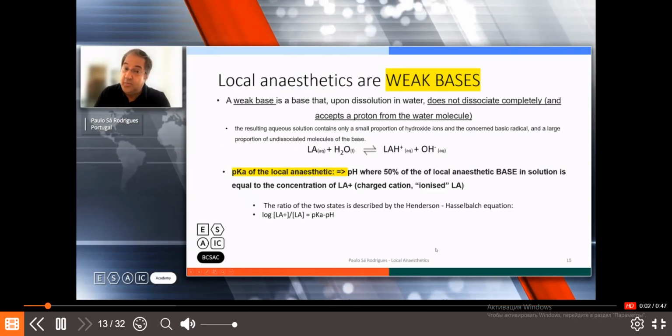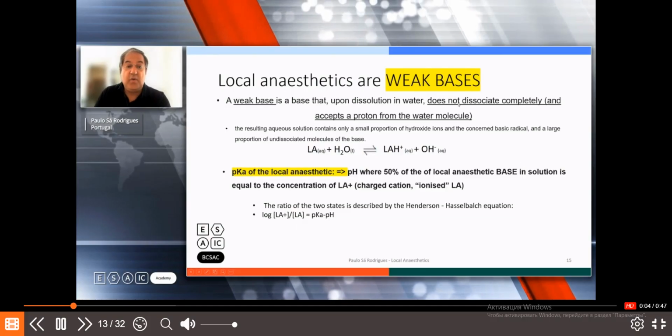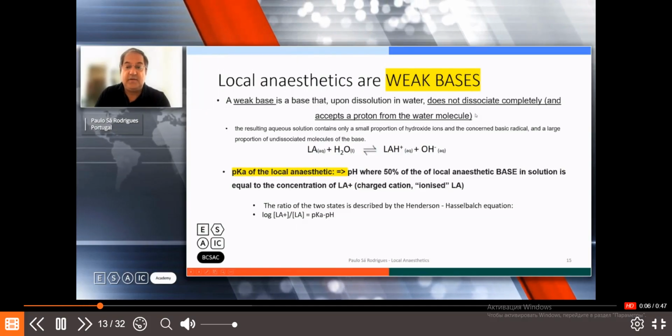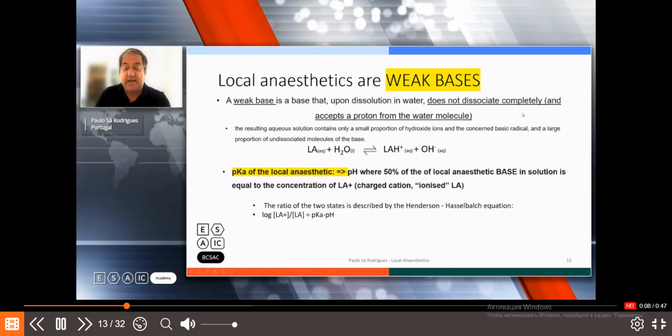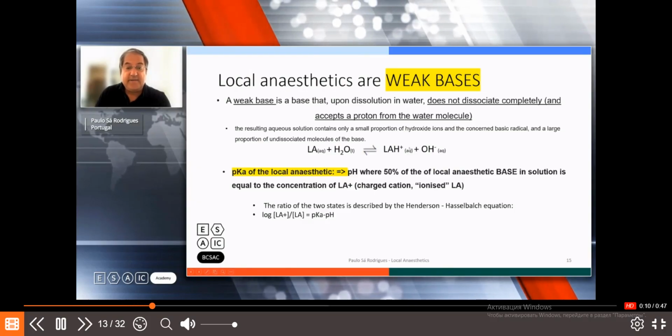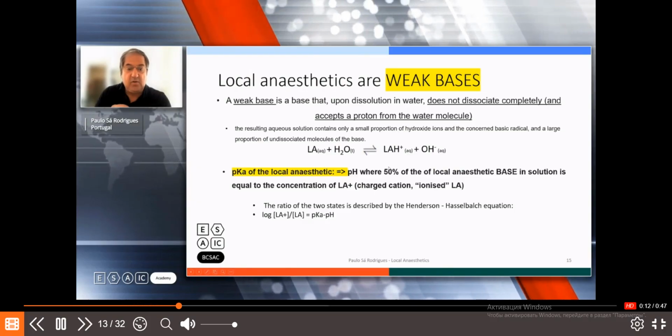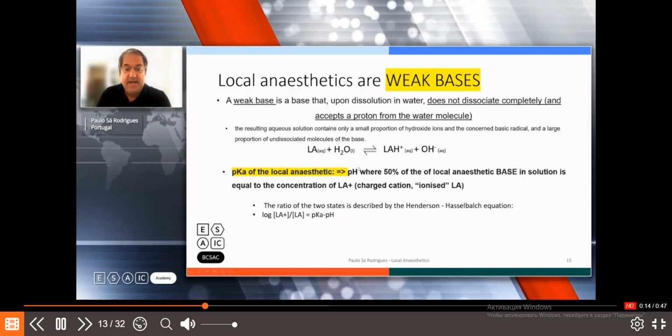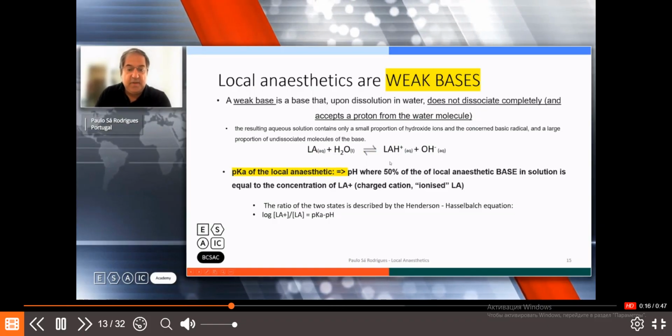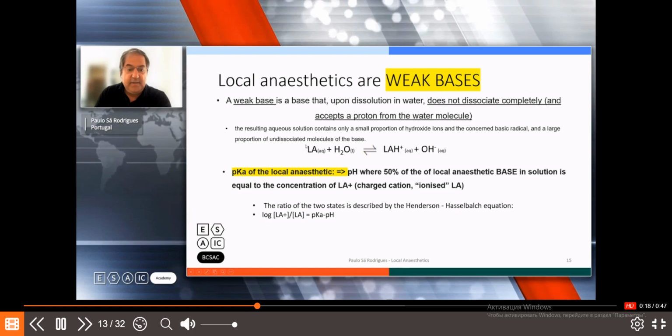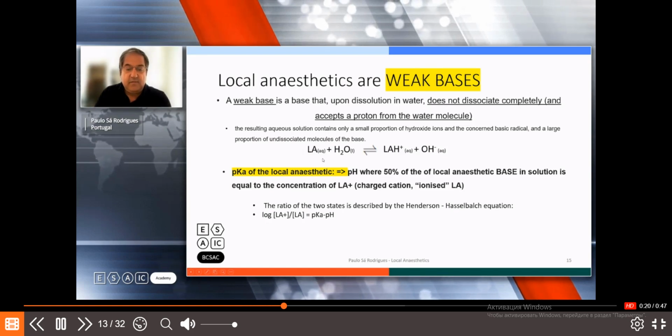Like the opioids, local anesthetics are also weak bases, so they do not dissociate completely in water, and they accept protons from the water molecules. So they exist in the ionized form or in the basic form.